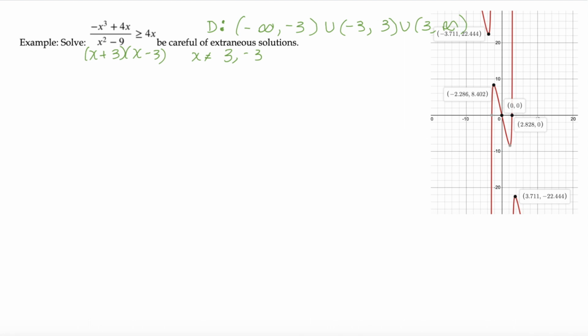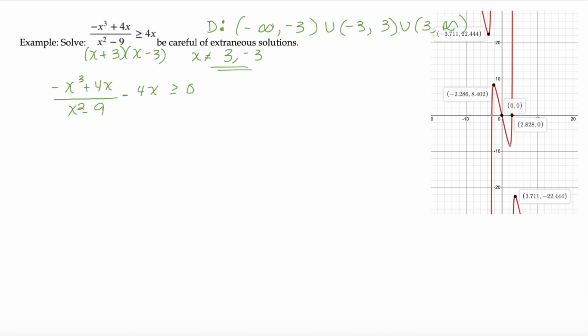I'm then also going to take negative x cubed plus 4x over x squared minus 9, and subtract the 4x, because I'm interested in when our graph is greater than or equal to 0. We already found where our graph is not defined, but we also need to find the other critical values.